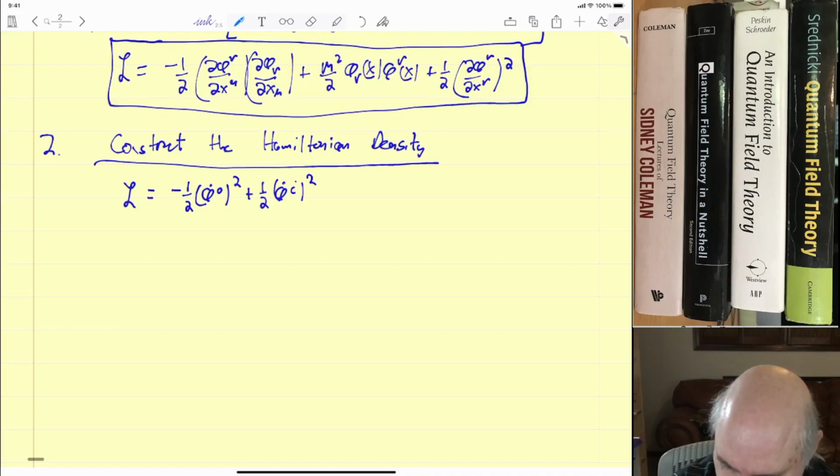And now, so that takes care of the time derivatives there. There's no time derivatives in this term. And there are some time derivatives in this term. So we get plus 1/2. Now, when we take nu equals 0, we get phi dot 0. So that's a time derivative term. And then the rest of this expression is just plus the partial of phi i with respect to x i.